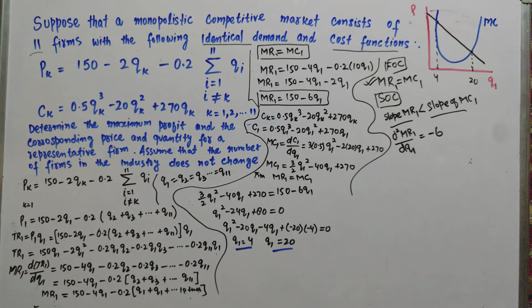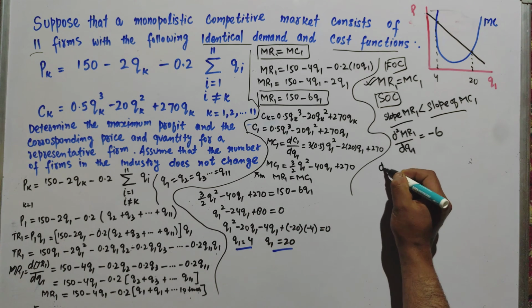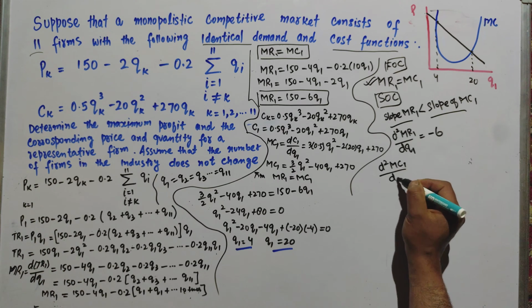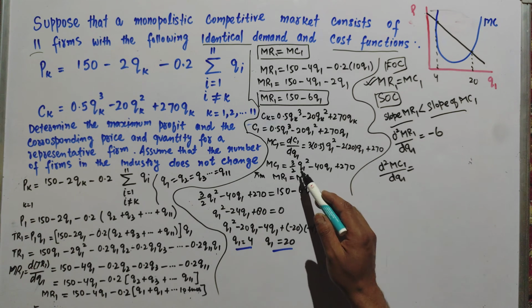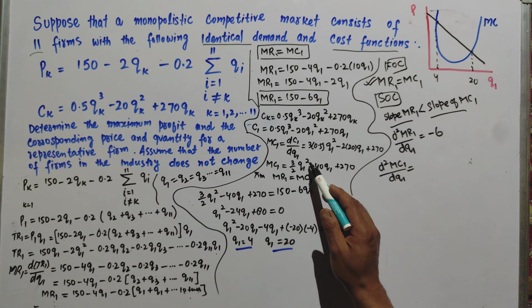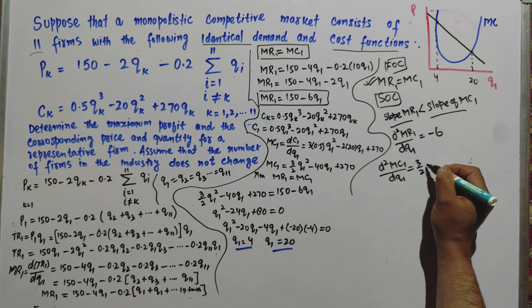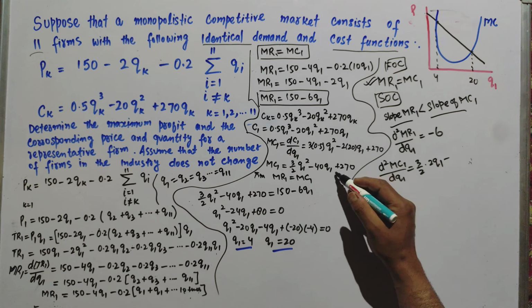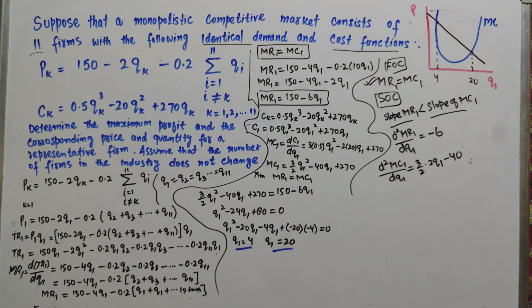Similarly, let us find the slope of the marginal cost function. That is the second derivative of the marginal cost function with respect to q1. So we take the derivative of this function again with respect to q1. The derivative of q1 square is 2q1, so we get 3 upon 2 times 2q1, minus the derivative of q1 in the second term, which is 1, so we are left with 40, and the derivative of a constant is 0.